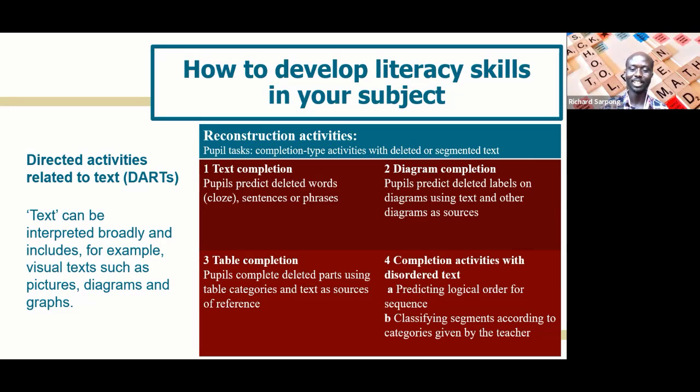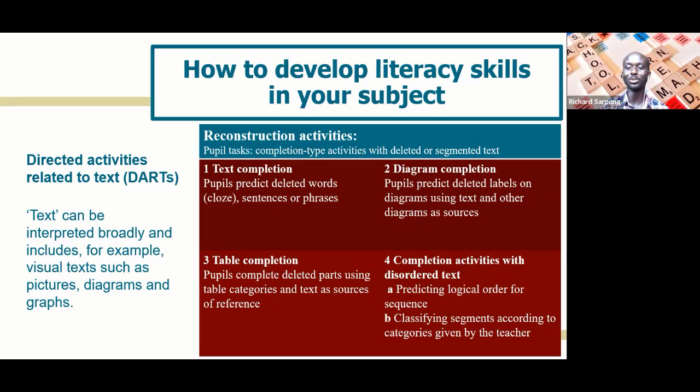And again, a part of it will be deleted, and then the student will be required to complete the key information. At times it can be classifications of things, so examples of living and non-living things.